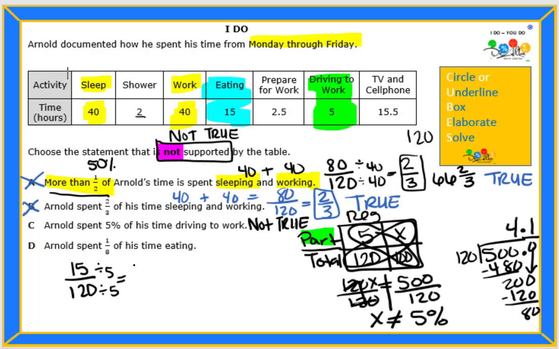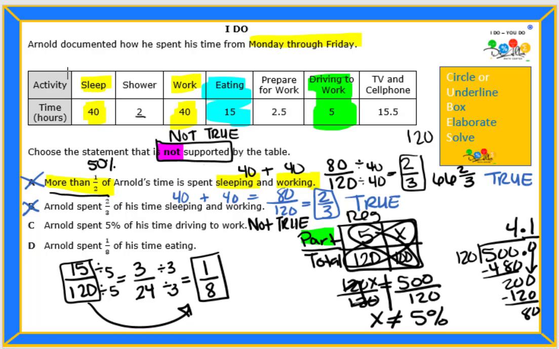That will give me 3 over 24. Oh, that means I can still simplify it by 3. And that will give me 1 over 8. So 15 out of 120 is equivalent to 1/8. So this is true.